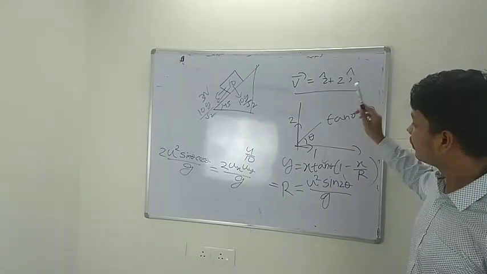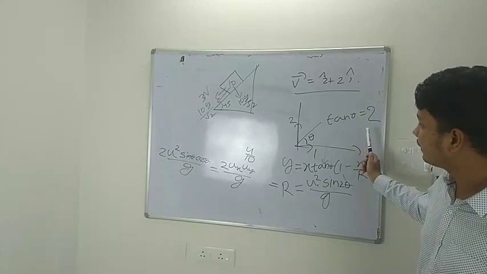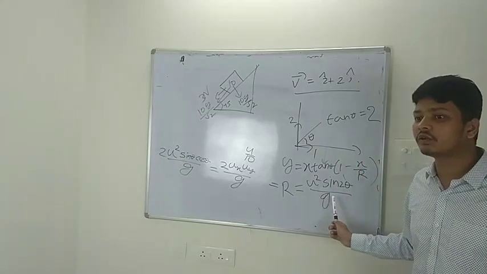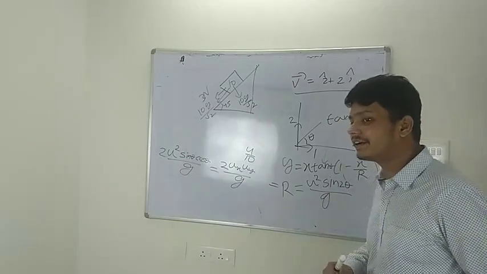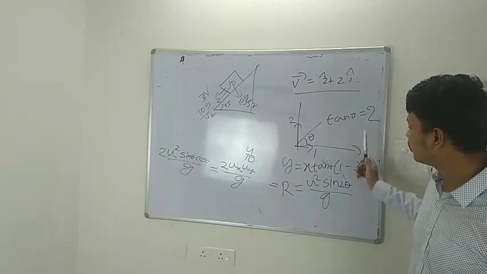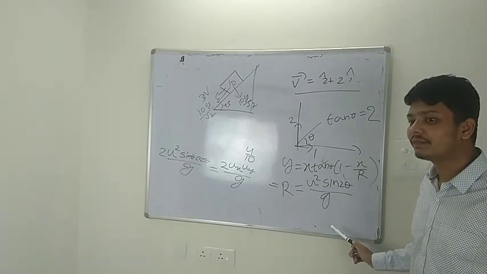So your tan theta is Vy by Vx, that is 2. The equation of trajectory, you know, is y = x tan theta (1 - x/R), and the range you can calculate by u squared sin 2 theta by g.